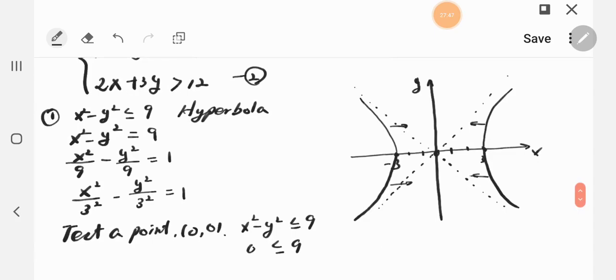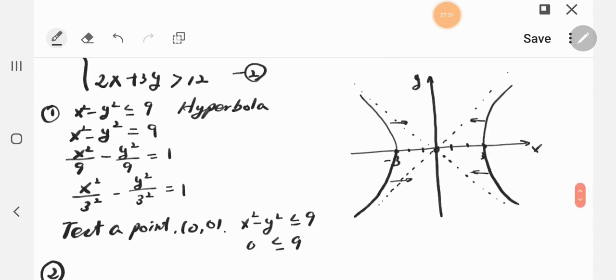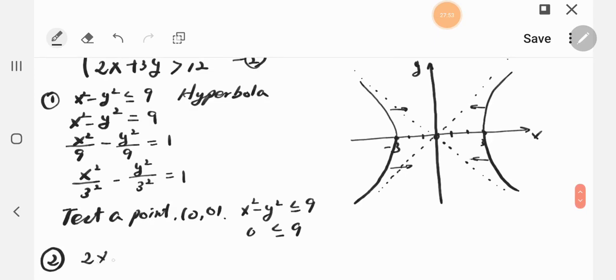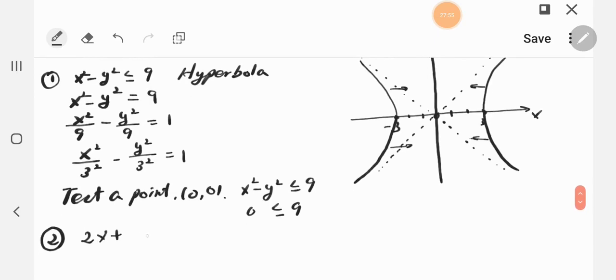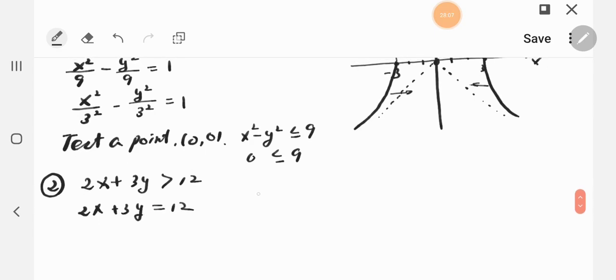All right, then let's graph the second inequality. The second inequality is 2x plus 3y is greater than 12. This is a linear inequality. So 2x plus 3y is equal to 12. Let's find the x-intercept.